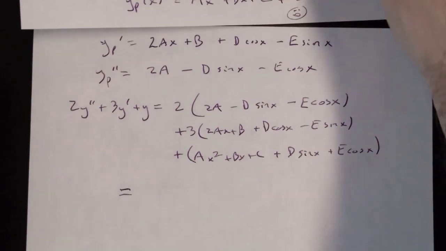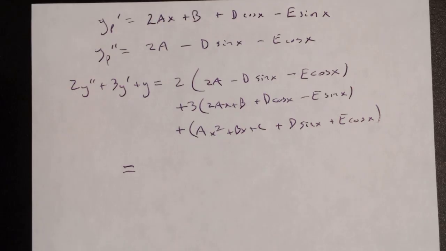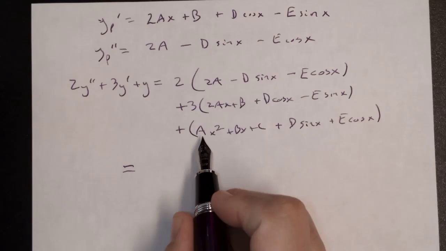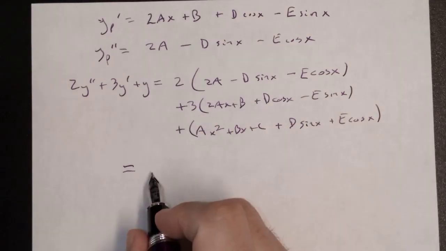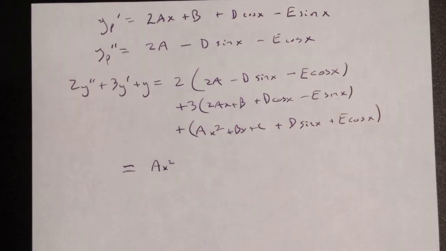And now for the nasty, ugly, horrible part of this problem. I have to do a bunch of algebra. There's only one x squared term in this whole thing, right? Right here. So on the right-hand side, I have an ax squared. What x's do I have?